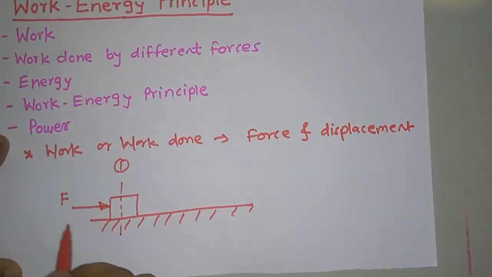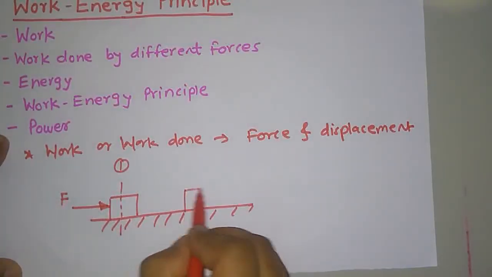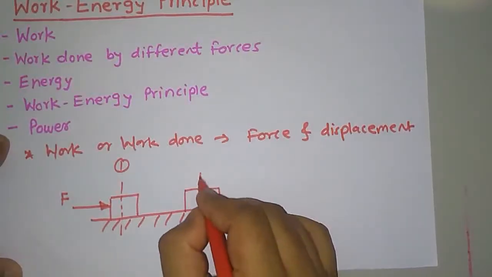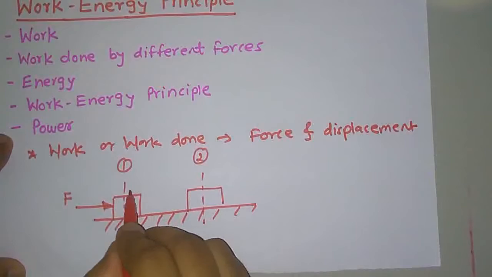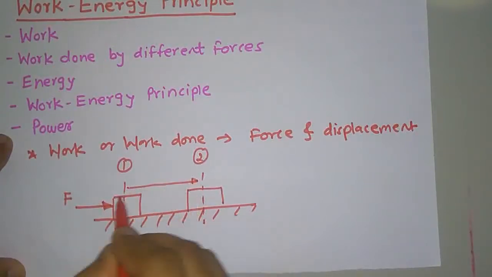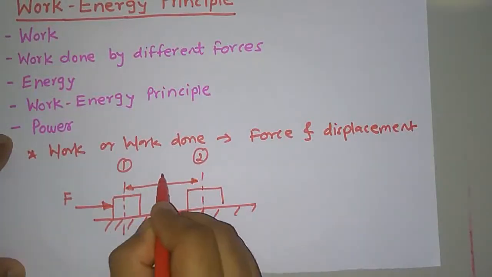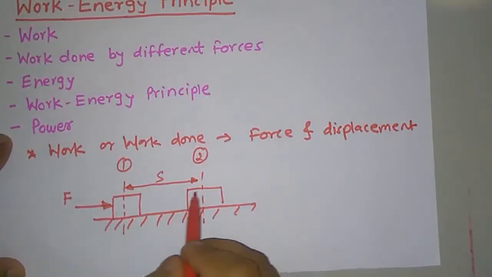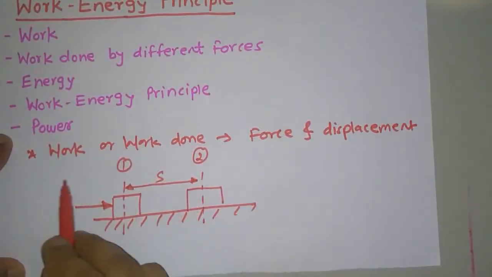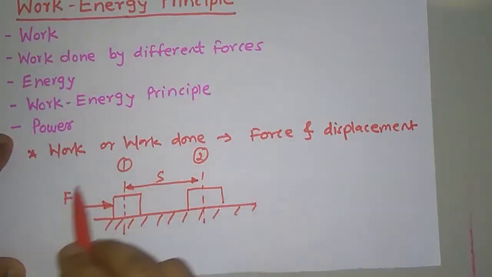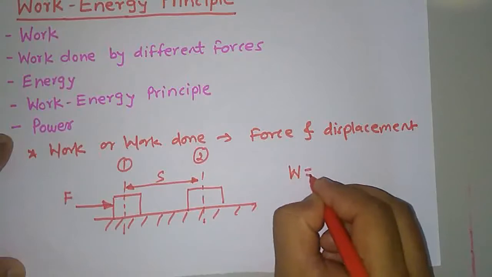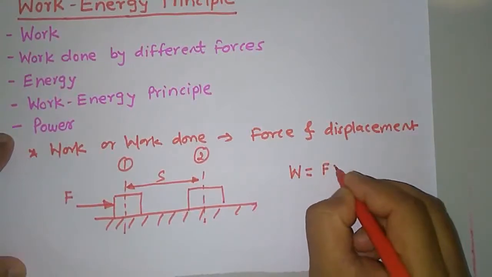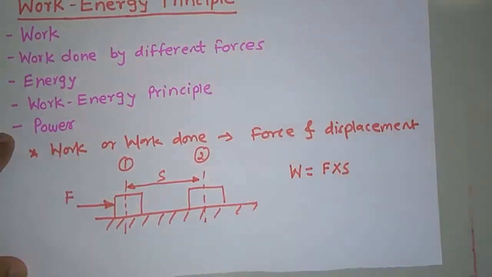Now due to this application of force, this block gets displaced to the position 2, and let's suppose this displacement is S. This displacement occurred due to the application of this force F. So this overall event is considered as work done. So work done is equal to force into displacement.